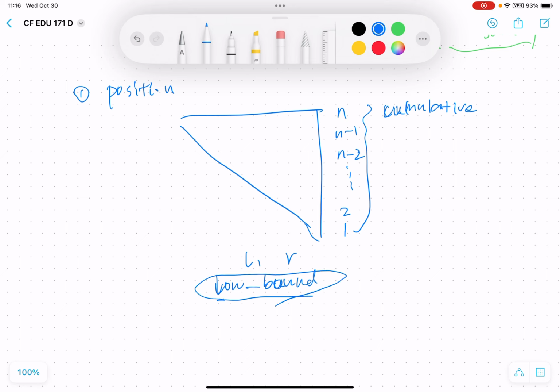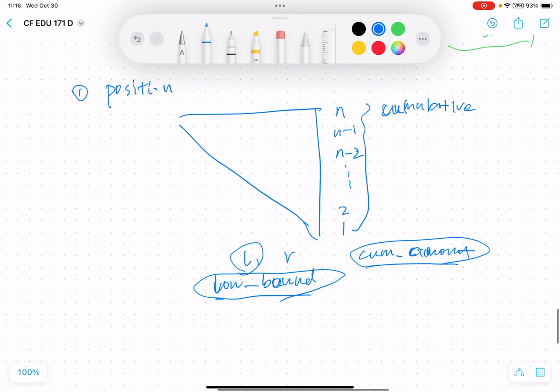For the lower bound, if we have a sorted array and a value L, lower bound will return the first one that is larger than or equal to L. So this is the definition.